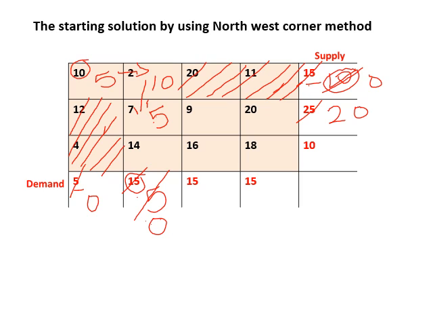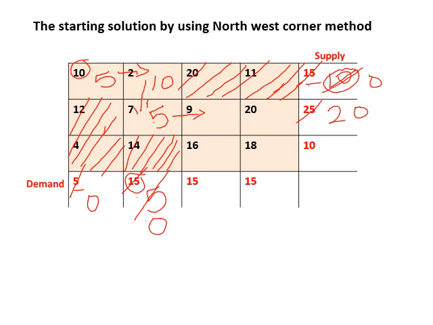Here, this destination is closed, and we don't have any more quantities to be shipped. But we have a value in the supply in this row. So we can move to this cell with the cost 9.